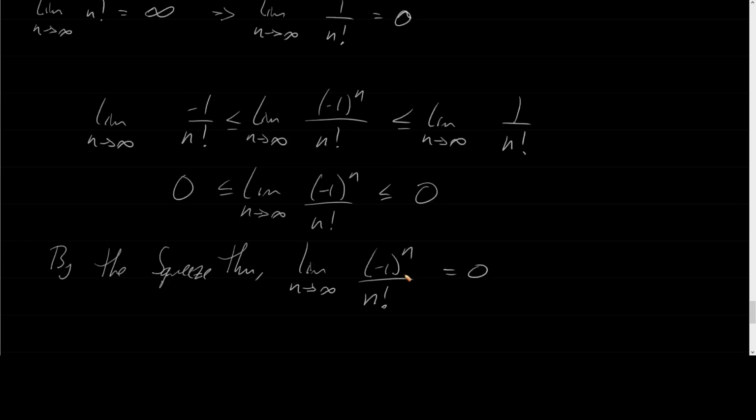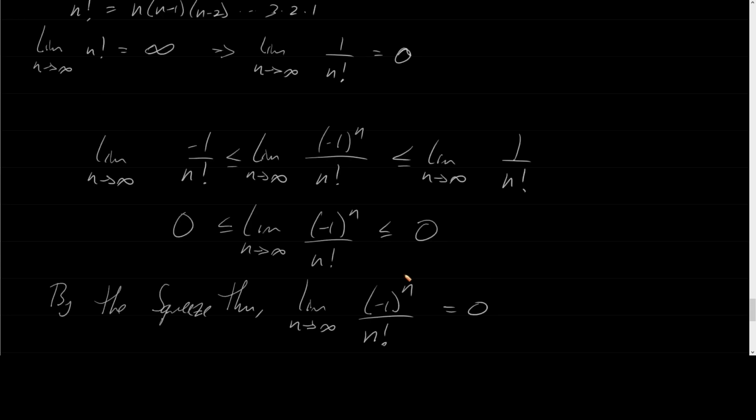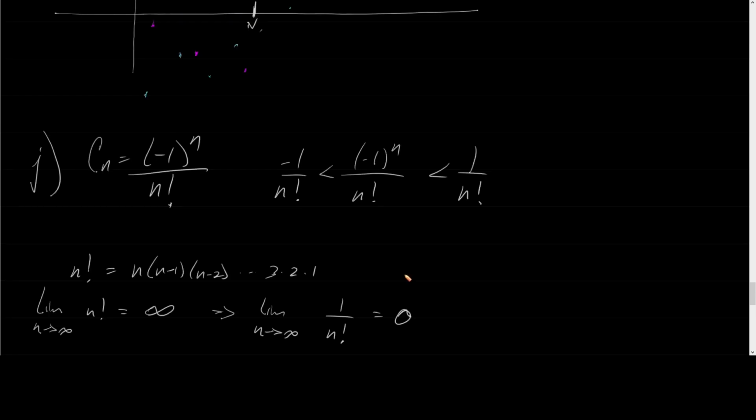Now in this one, why did we need to do the squeeze theorem? The reason was really because of that (-1)^n. That (-1)^n in general makes things alternate, right? So essentially, it's going to positive values and negative values and positive values and negative values, so on and so forth, depending on what the value of n is. So it's alternating, making it essentially oscillate.